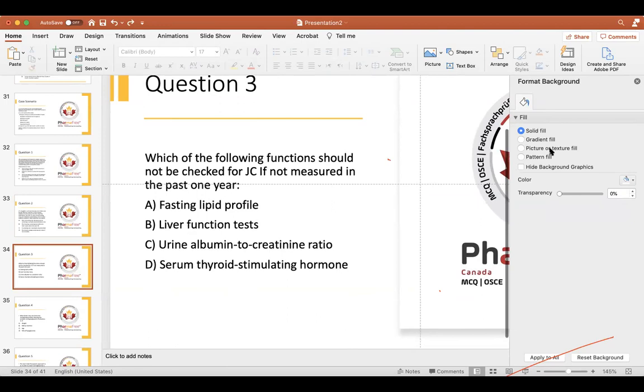Do we need to check the fasting lipid profile, liver function, urine albumin to creatinine ratio, serum thyroid stimulating hormone? Which one we don't need?